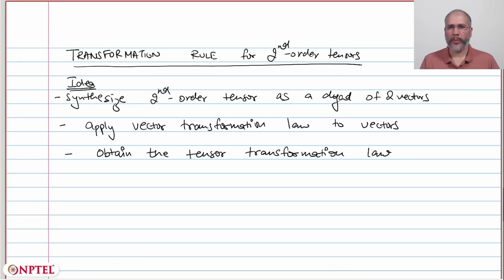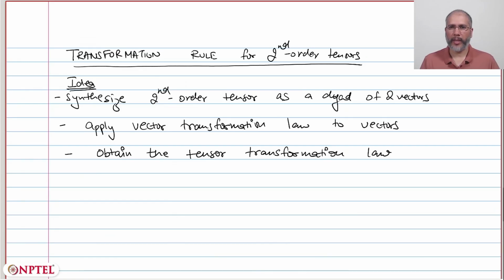I just want to mention in passing that not every tensor can be written as a dyad of two vectors. It's easy to see that because a tensor has 9 independent components and two vectors will have 3 plus 3, 6 independent components.